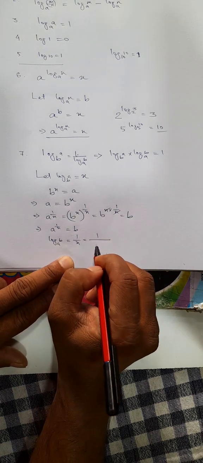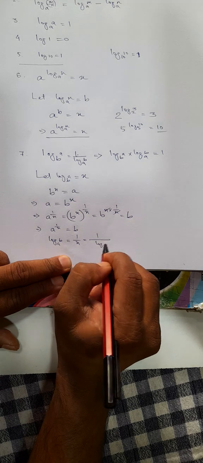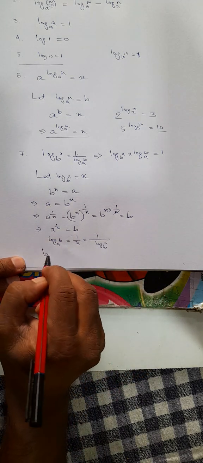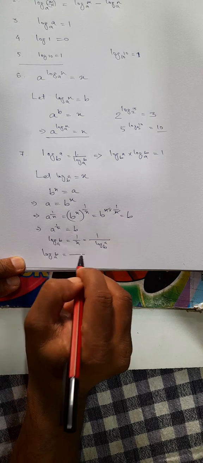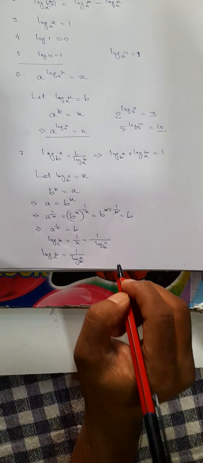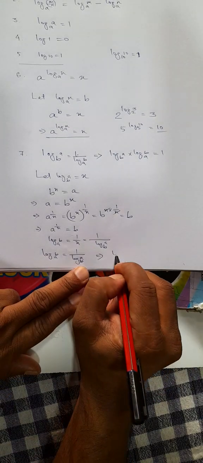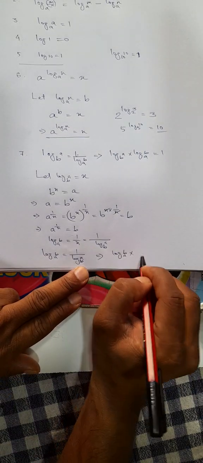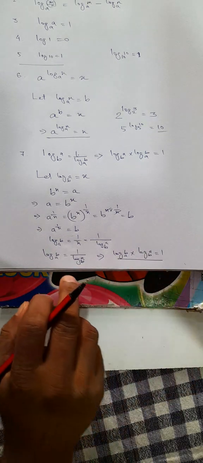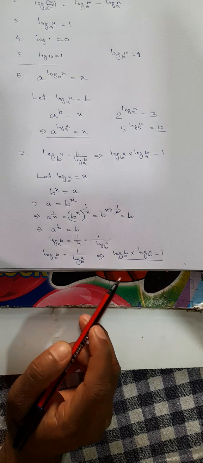Now what is x? X means log a to the base b. So we got log b to the base a equal to 1 by log a to the base b, or this you can simplify as log b to the base a multiplied by log a to the base b equal to 1. After cross multiplication you will get this, right?